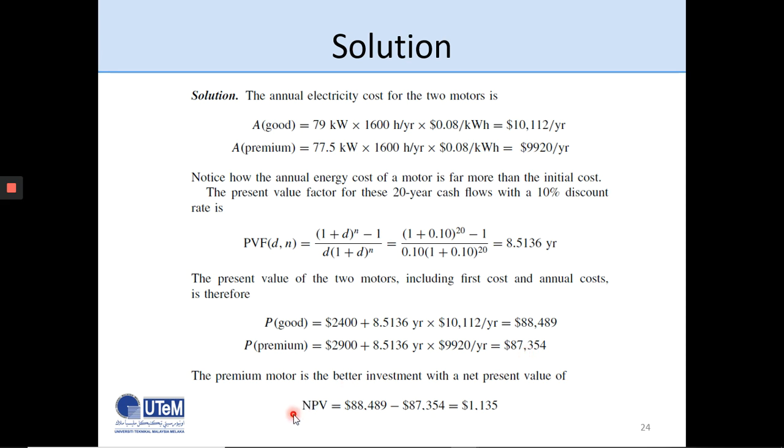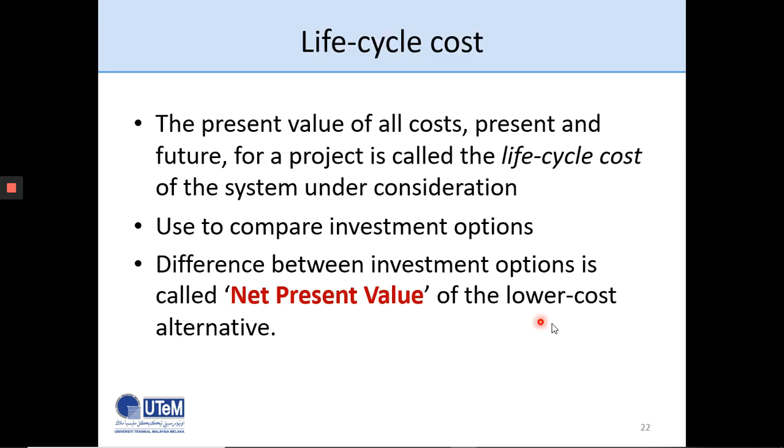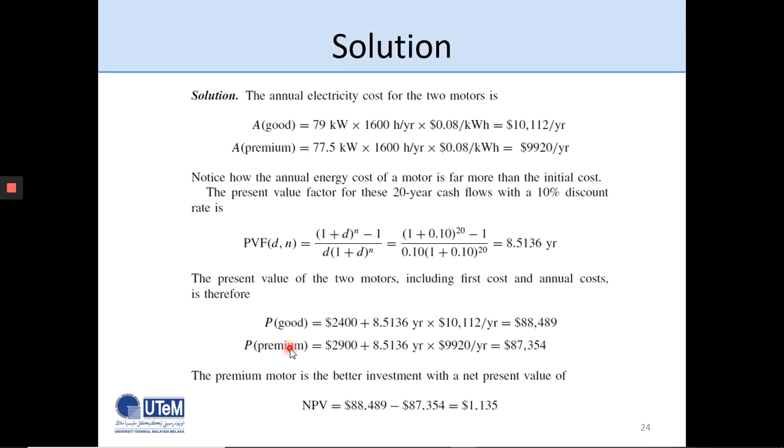So the net present value, the definition is the difference between the investment option and the lower cost alternative. Now the lower cost alternative is the premium one, and the difference is obtained by subtracting this one minus this one. So we get 1,135.